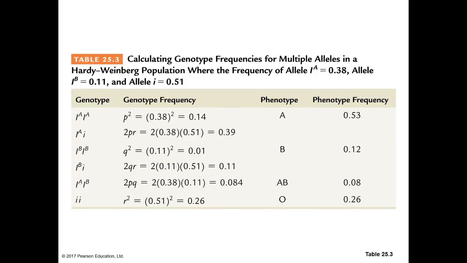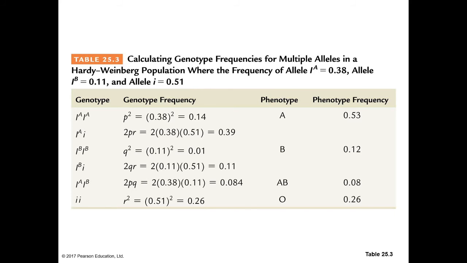So if you can see here, the frequency of allele IA is 0.38, allele IB is 0.11, allele i is 0.51, and so P squared is what? It is the AA. P squared is 0.38 squared. So what do you get?